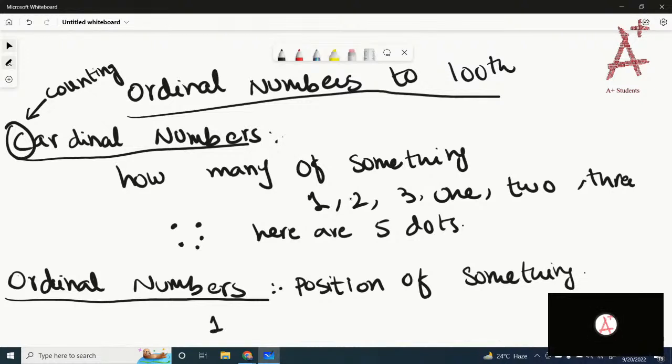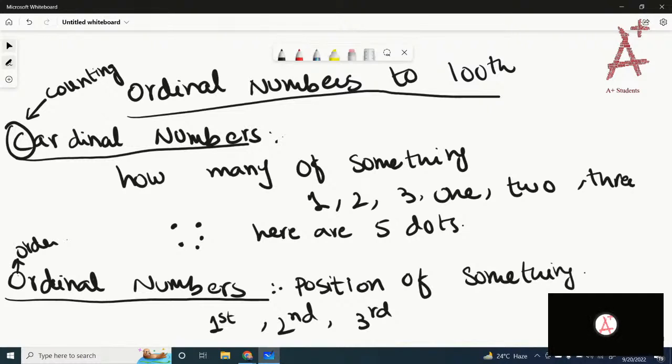Like first, second, third. Basically, these are the numbers that tell the position. So from O, you can remember order. Ordinal says what order things are in. So ordinal numbers are the positions of something, and cardinal numbers are how many of them. Got it? That's the basic difference between cardinal numbers and ordinal numbers. Now let's start doing examples, then it would be more clear to you.